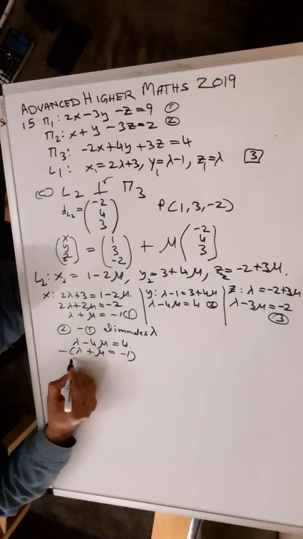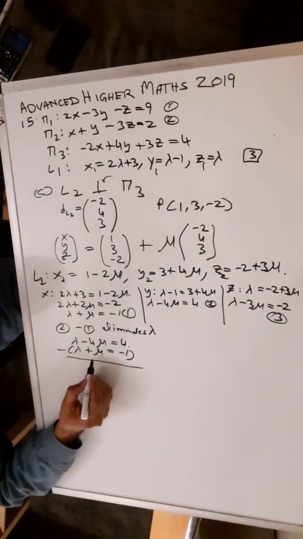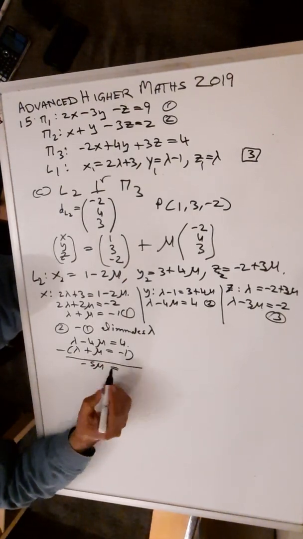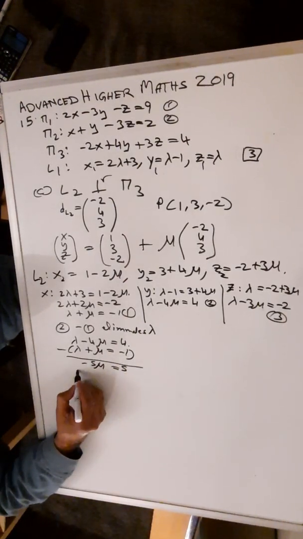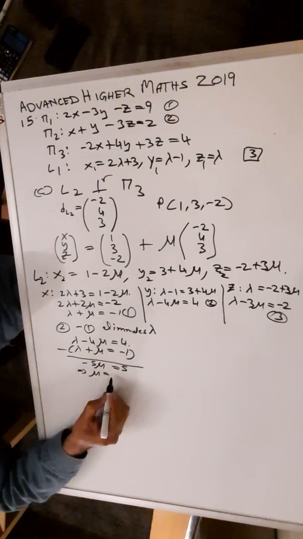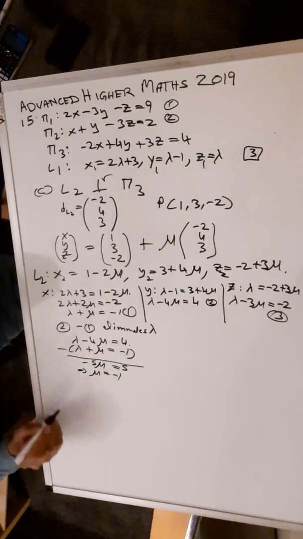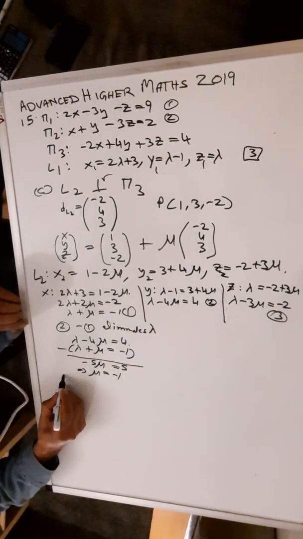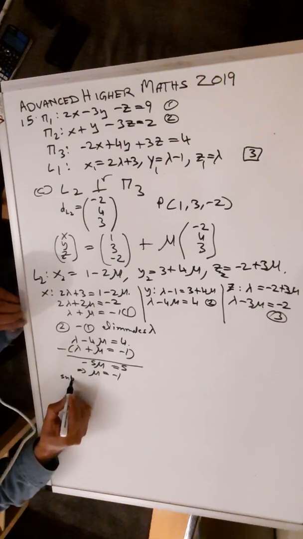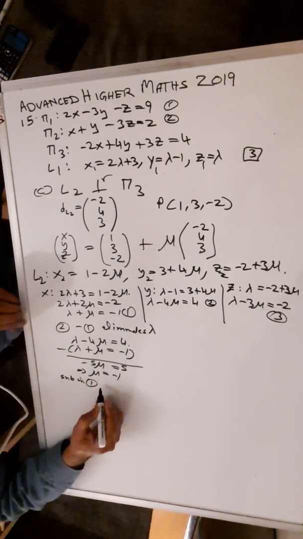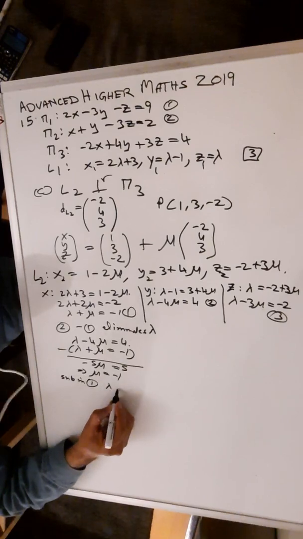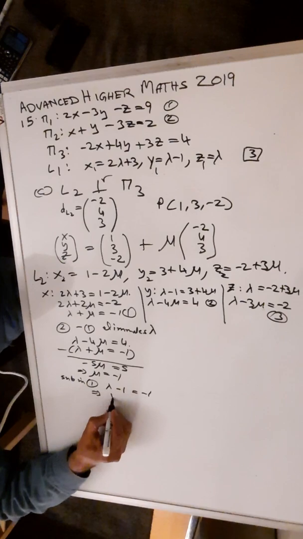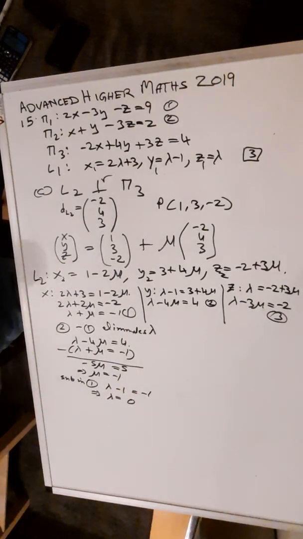Taking one away from the other, you end up with minus 5 mu is equal to 5, which means that mu is minus 1. You can sub that into equation 1 to find lambda. So lambda minus 1 is equal to minus 1, which means that lambda is 0.